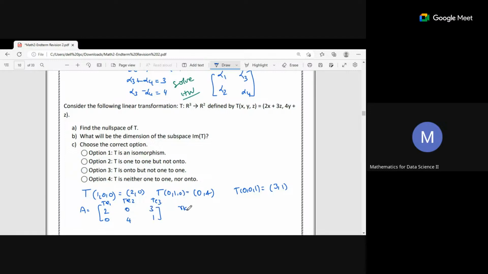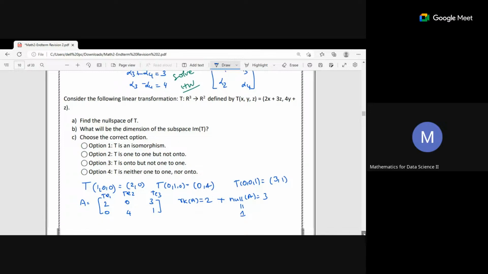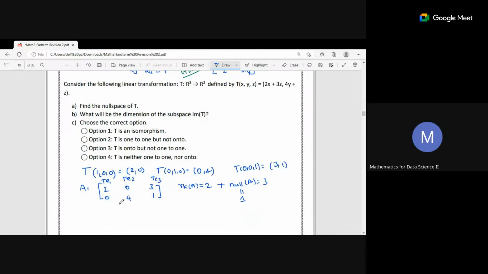What is the rank of A here? Rank of A is 2. So what should be the nullity? 1. Rank plus nullity should give you the number of columns, which is 3. So nullity should be equal to 1. So how do you find the null space here? Either you do it with the REF form or straight away.